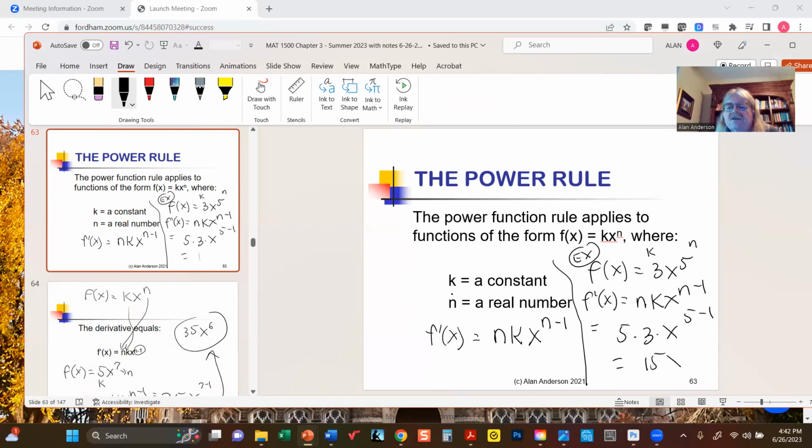Ultimately, that reduces to 15x to the 4th power. So for any polynomial you might encounter, its derivative can be taken with just these 2 rules, the power rule and the constant rule, because that's all you'll need. We'll see the power rule quite frequently.